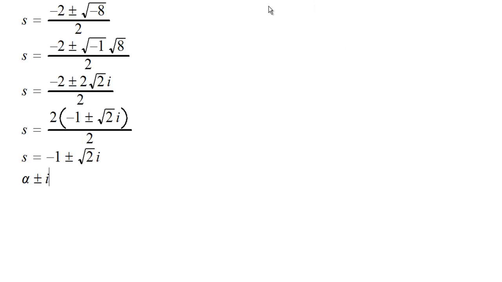If they are the roots, then what we get as a consequence is e to the alpha t cosine of beta t, and e to the alpha t and then simply the sine of beta t. They are linearly independent solutions of this system. You can just, for practice, go back and check if you would like once again.